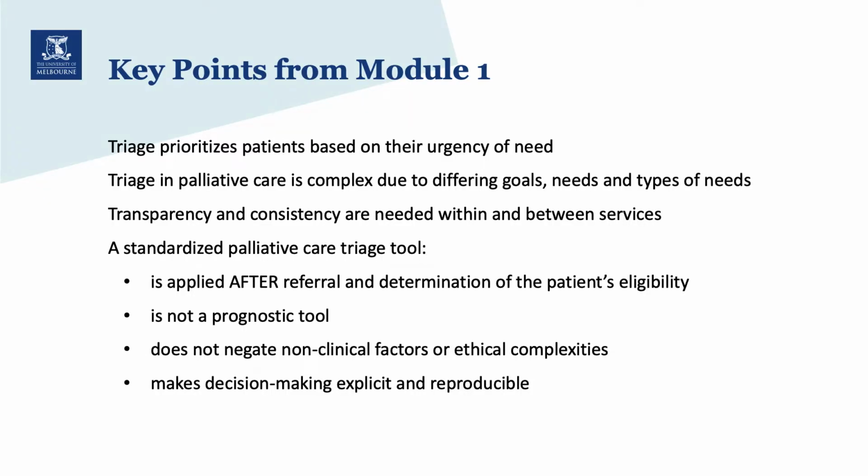Just to recap our key points from Module 1, we learnt that triage prioritises patients based on their urgency of need. Triage in palliative care is complex due to differing goals, needs and types of needs of the patients referred. And we really need transparency and consistency both within and between palliative care services.